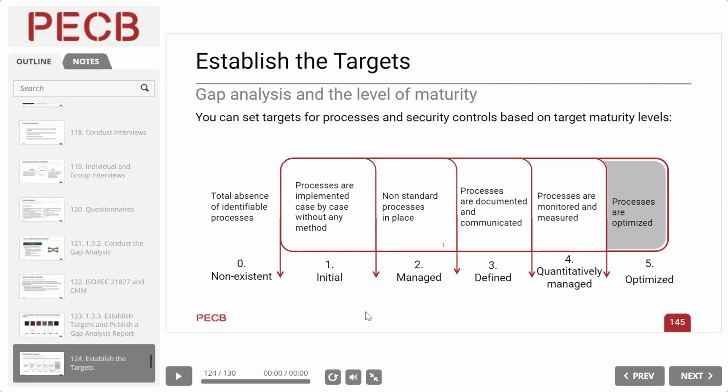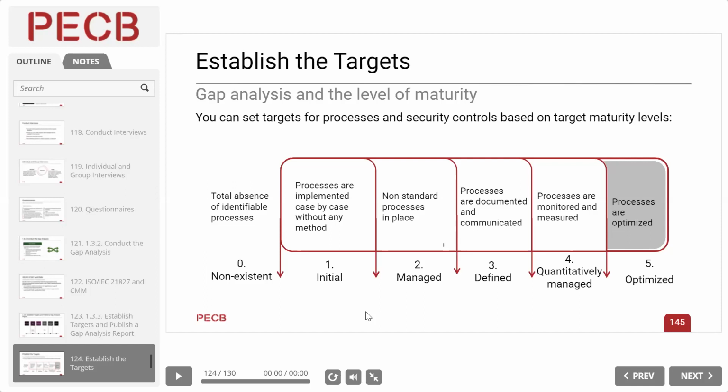So we know, for instance, that when we are issuing out an invoice, these are the steps that we do. Even though it's not documented, people have a good idea that's how we do it, and they follow it. We don't call that a standard process. It's not standardized, because it's not documented.